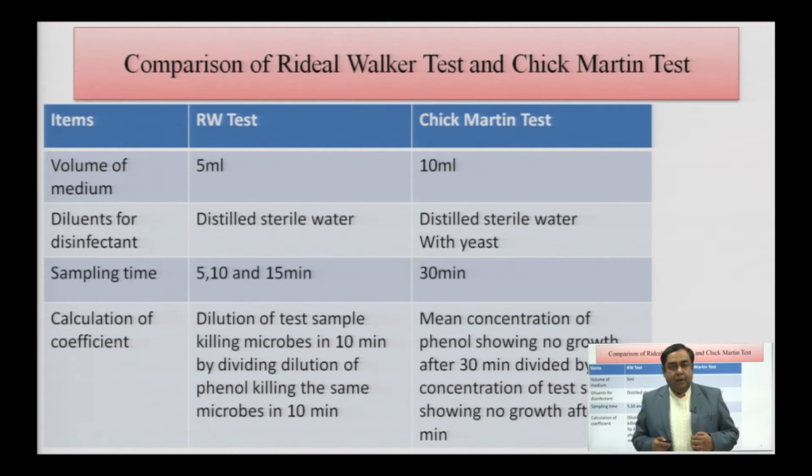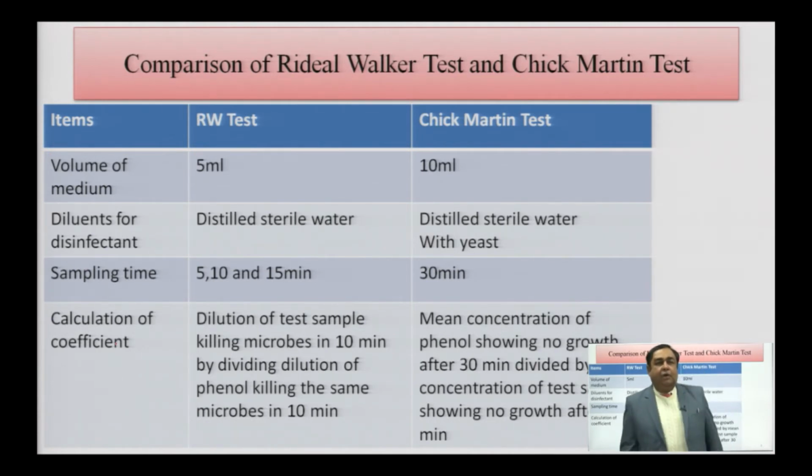Here in Chick-Martin test, we are keeping the contact time of the disinfectant and the microorganism fixed at 30 minutes. That is, we are keeping the microorganisms in contact with the disinfectant for a period of 30 minutes.